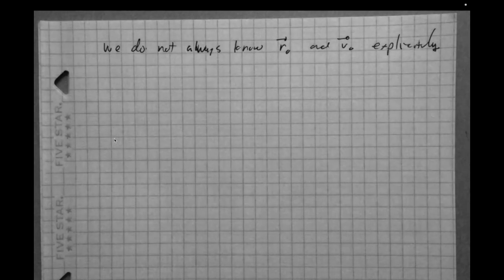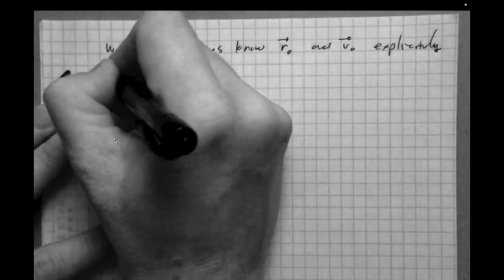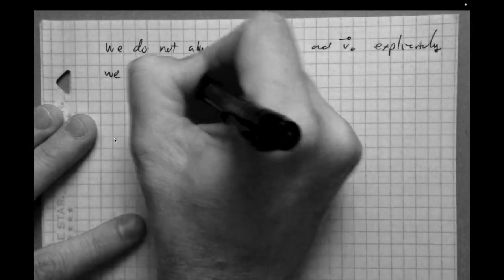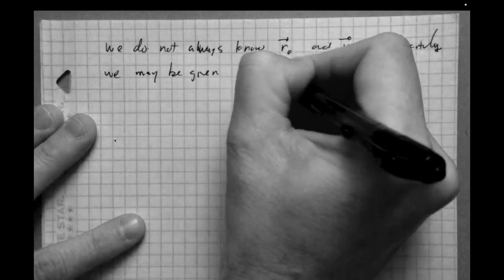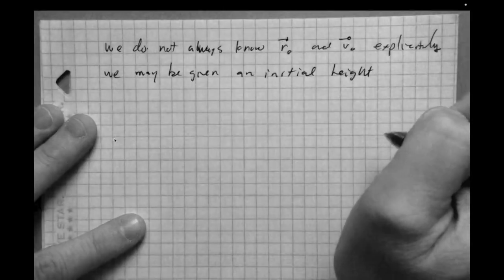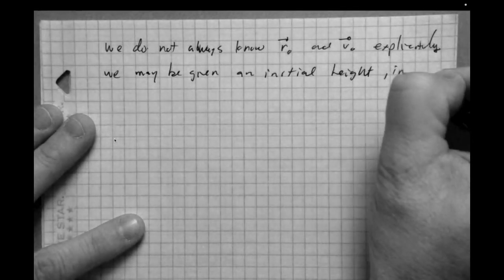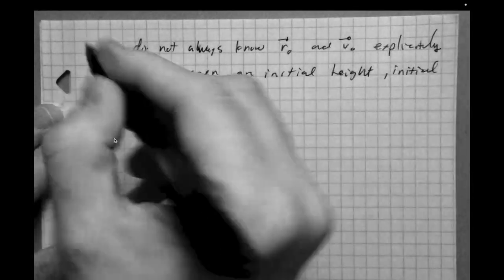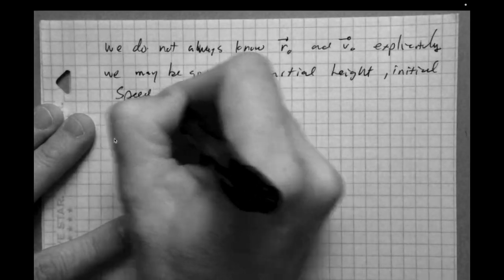We may be given a height, an initial speed, and an angle. That's more likely what you have. So we may be given an initial height for the position, an initial speed, v naught.